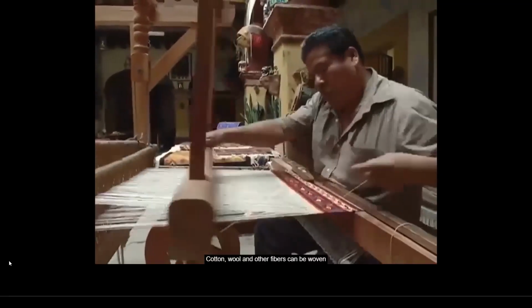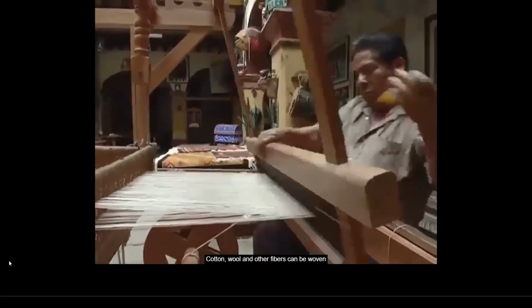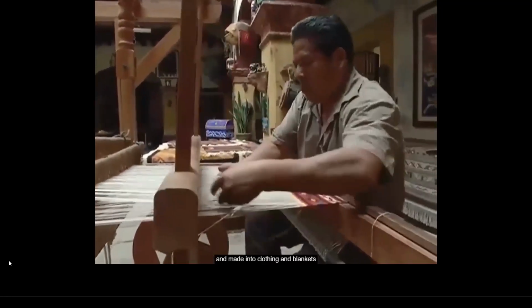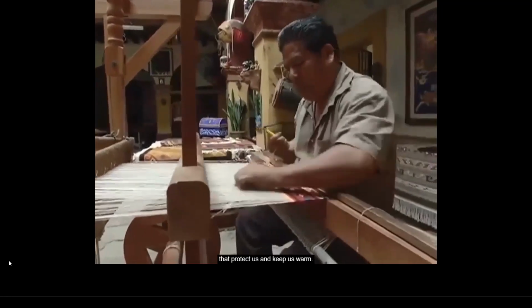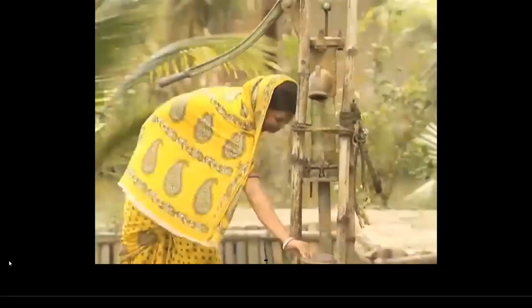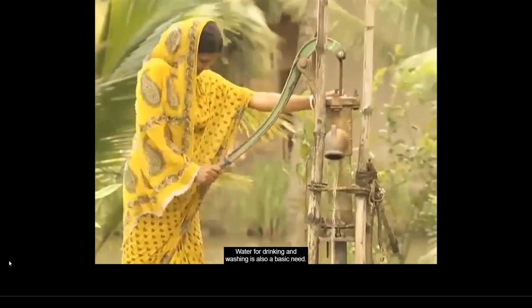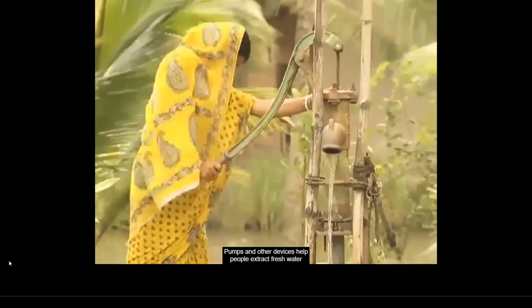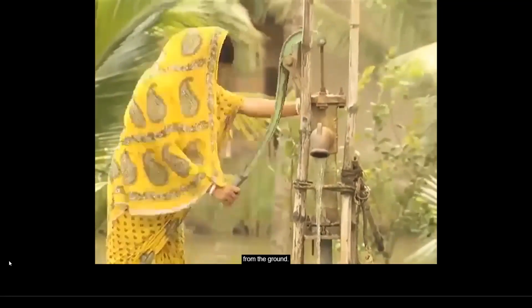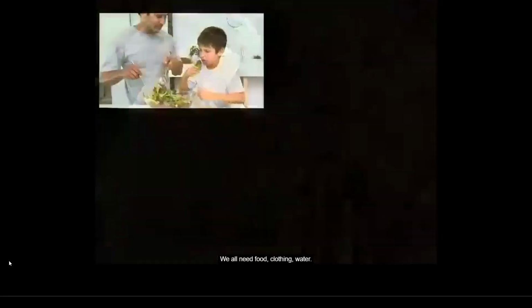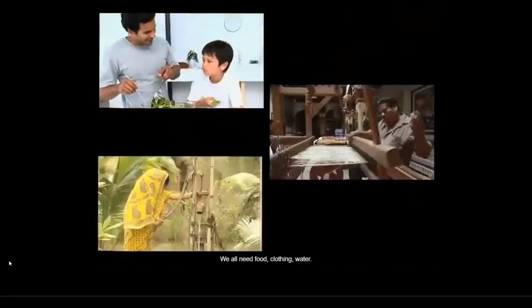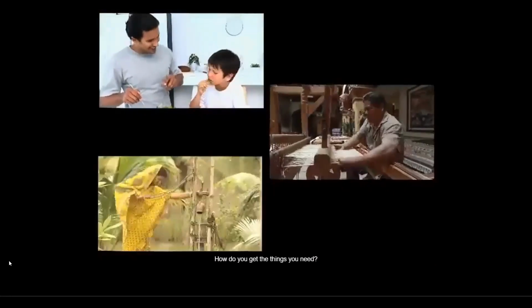Cotton, wool, and other fibers can be woven and made into clothing and blankets that protect us and keep us warm. Water for drinking and washing is also a basic need. Pumps and other devices help people extract fresh water from the ground. We all need food, clothing, water. How do you get the things you need?